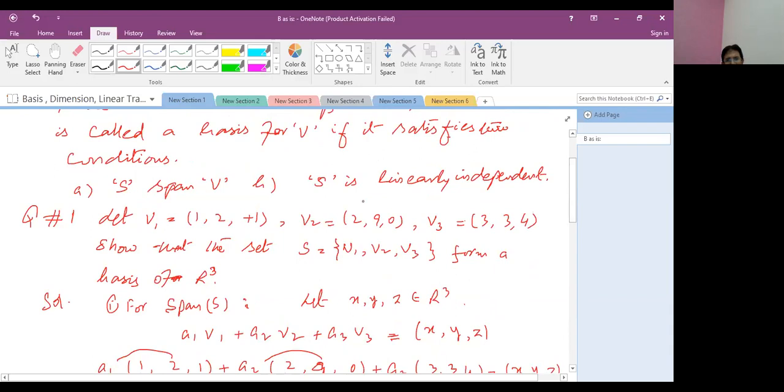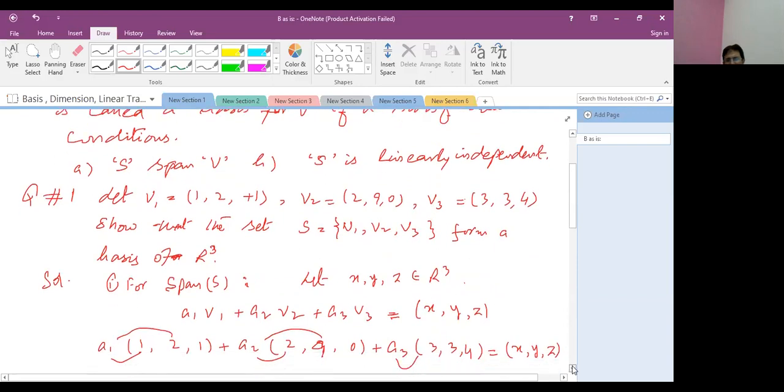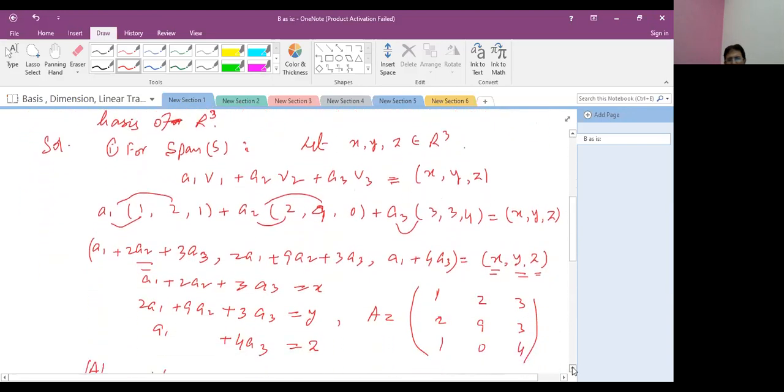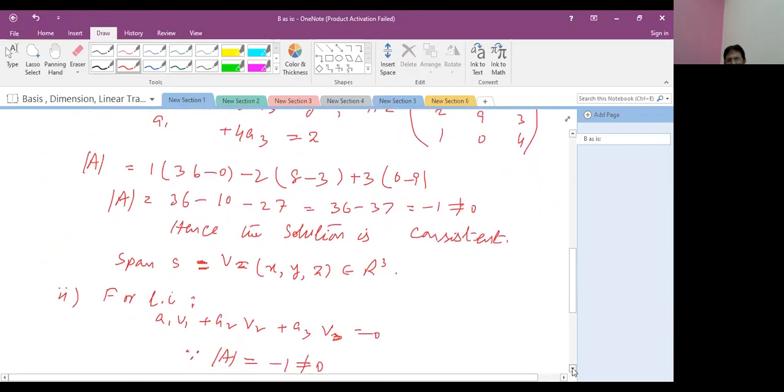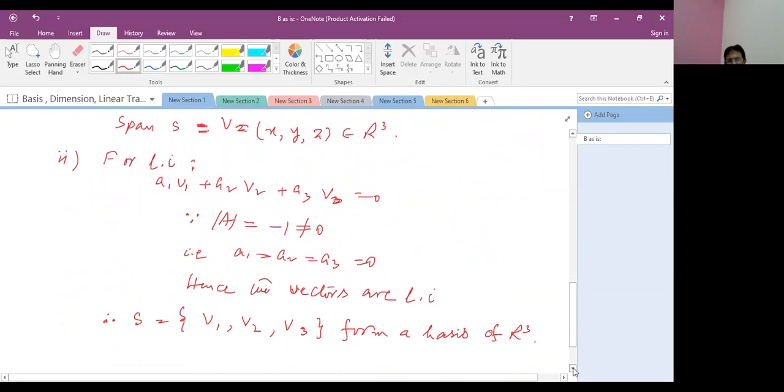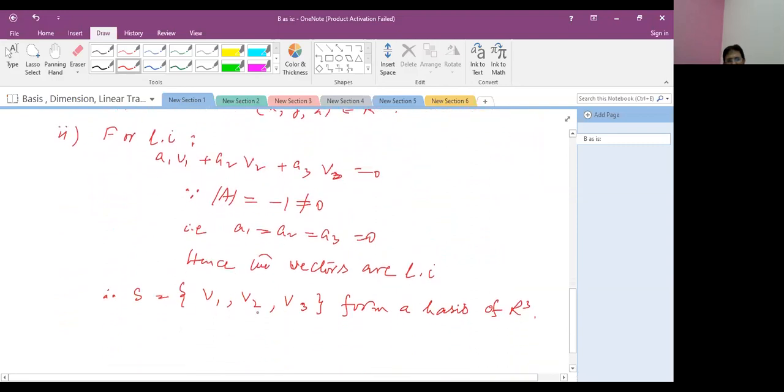S spans R cube and S is a linearly independent set. When both conditions are satisfied, that's why we write here that the given set S equals {V1, V2, V3} forms a basis of R cube.